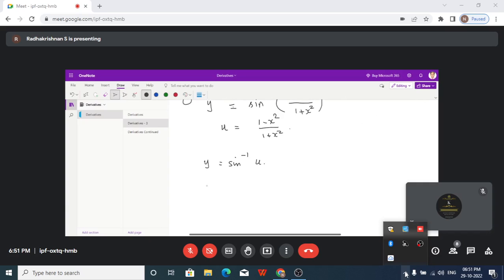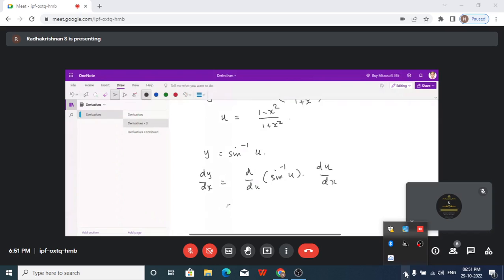So what is dy by dx? Equal to, first we'll differentiate this with respect to u and then multiply by du by dx. One by square root of one minus u square, right?